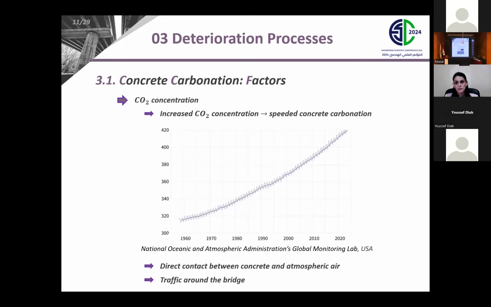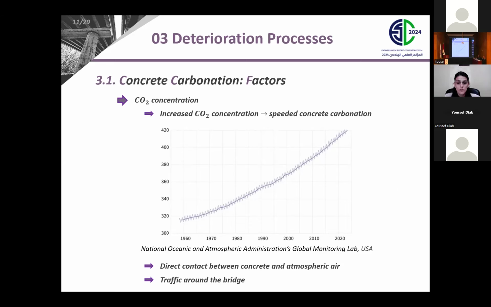Now, let's turn to one of the most common factors affecting the process of carbonation, and that are common for bridges. The first one is the carbon dioxide concentration. In the last 60 years, there has been a significant increase in the amount of carbon dioxide in the atmosphere, about 30%.